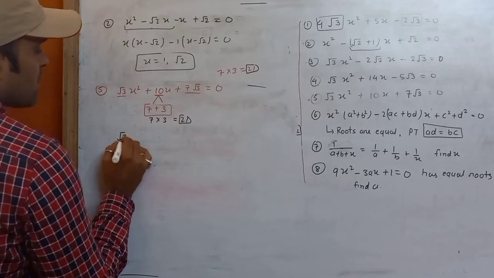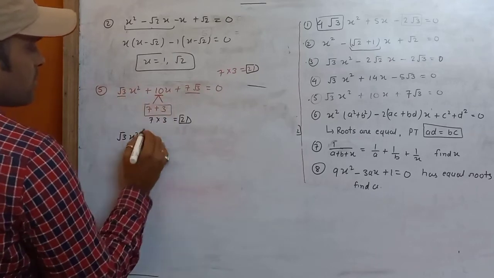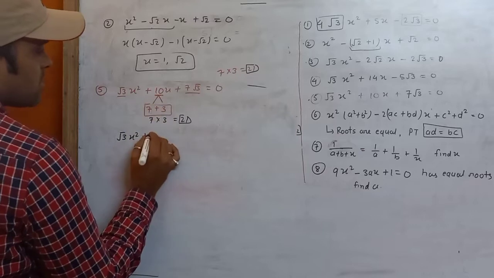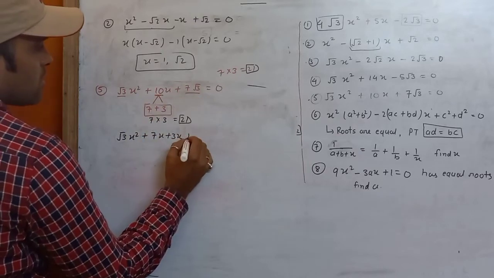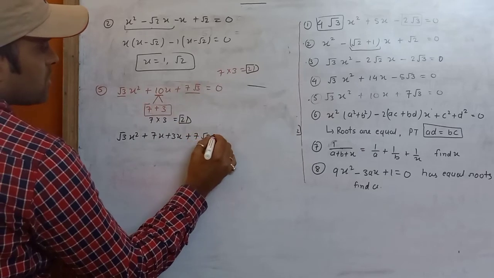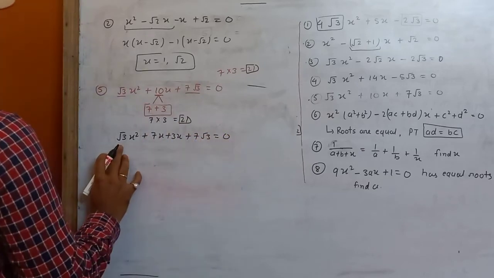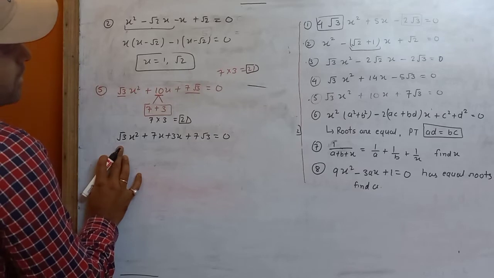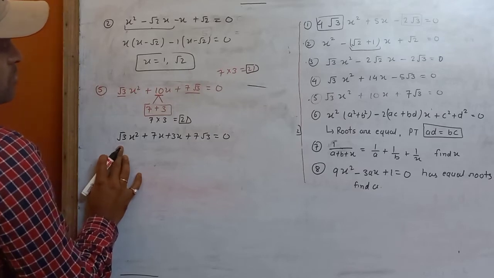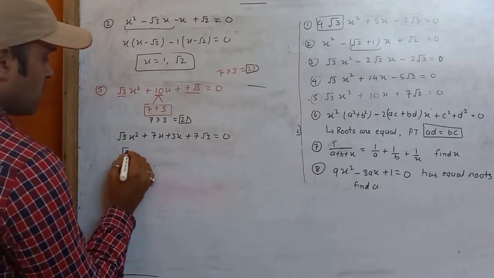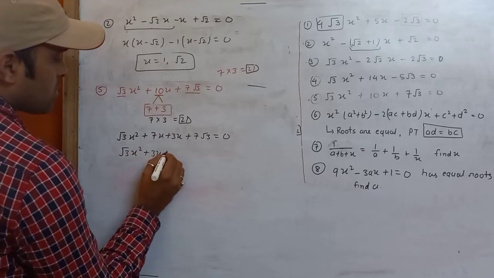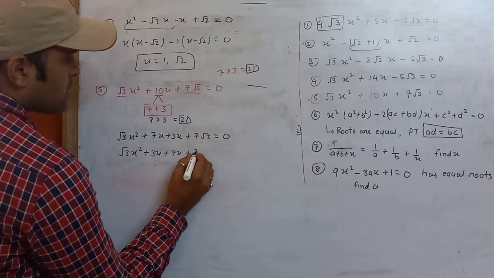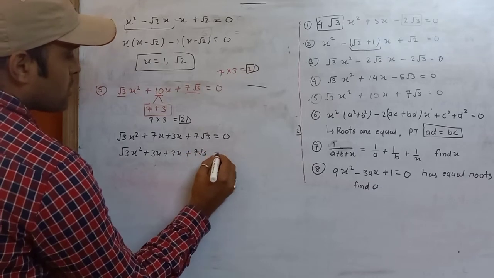So root 3x square plus 10x can be written as 7x plus 3x, and 7 root 3 is as it is, equal to 0. Now what can we take common? First I will reverse these two values: root 3x square plus 3x plus 7x plus 7 root 3 is equal to 0.